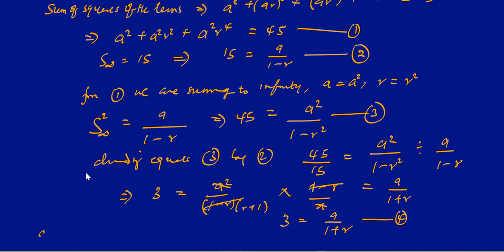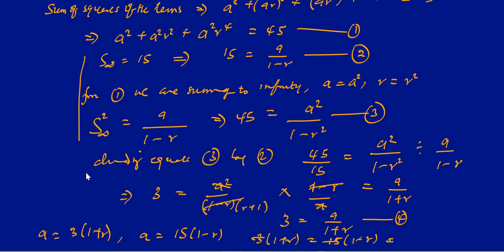So A is equal to 3 bracket 1 plus R, and A is equal to 15 bracket 1 minus R. If you equate the two, 3 bracket 1 plus R is equal to 15 bracket 1 minus R. This will cancel to give you 5.